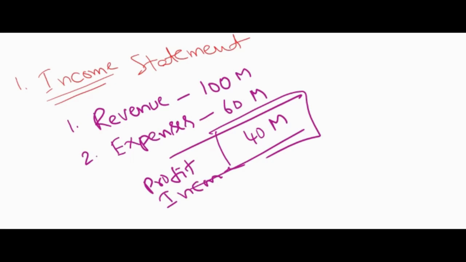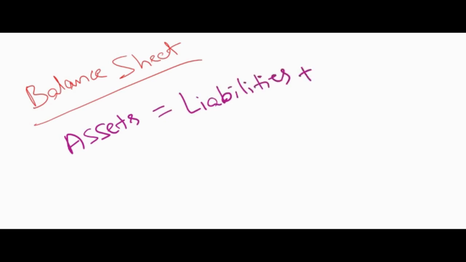Now let's look at the balance sheet. What will a balance sheet have? In a balance sheet, you need to understand three things: assets equal to liabilities plus equity.